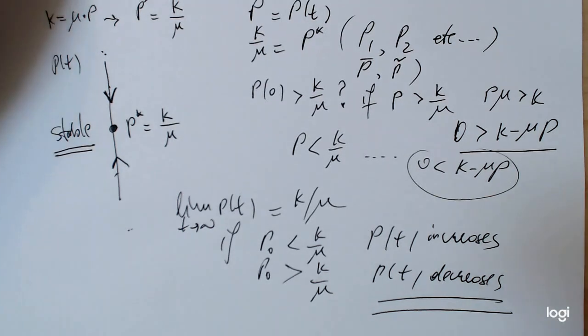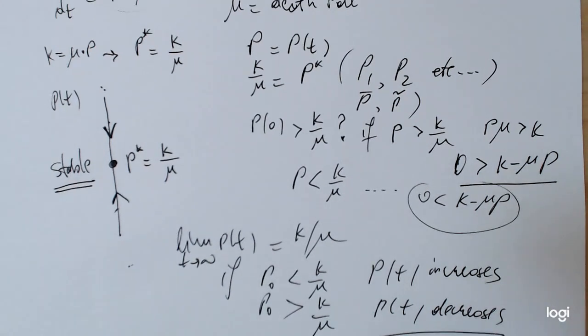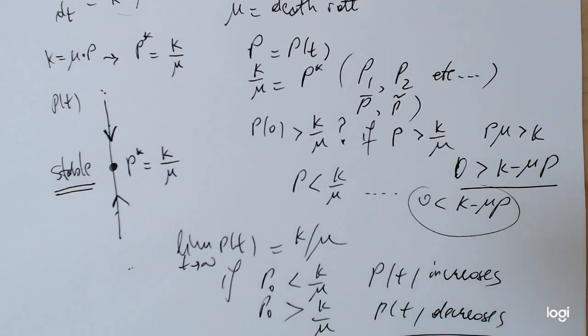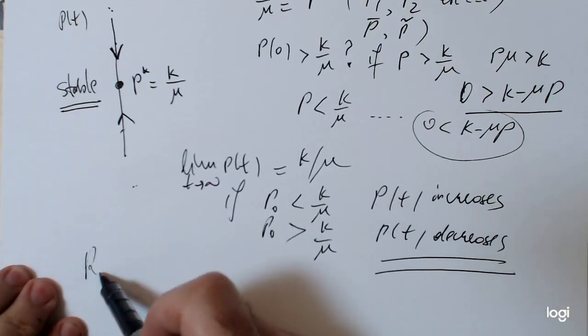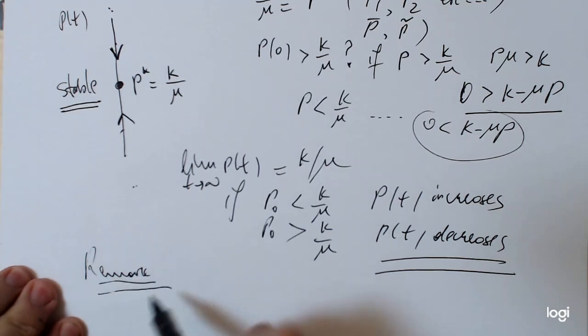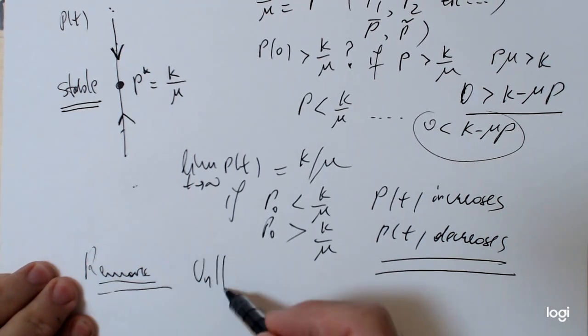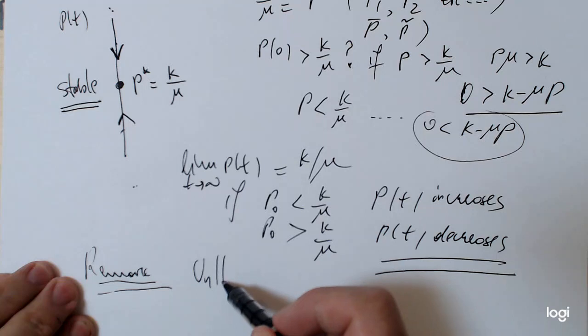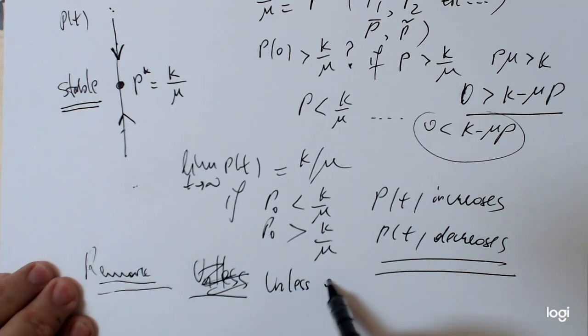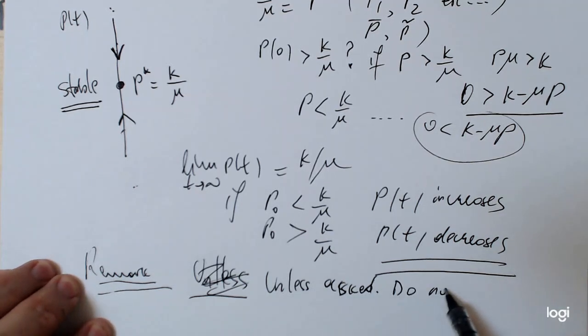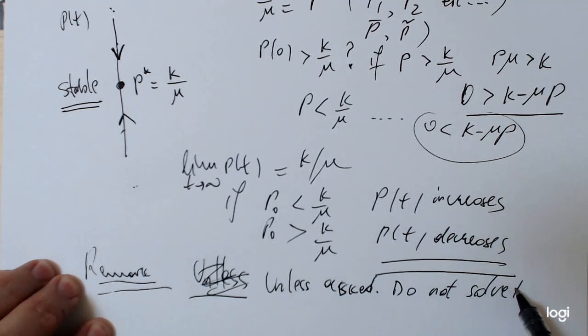Unless the homework explicitly requires the explicit solution of the ODE, don't solve it. So let me write it down to make it clear, because sometimes this is a confusion. Unless asked, do not solve the ODE.